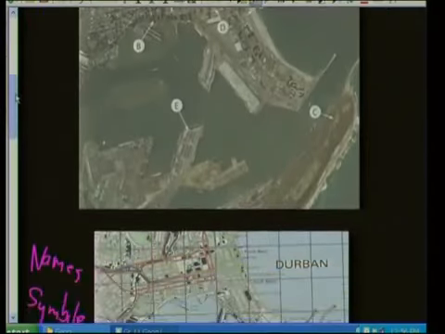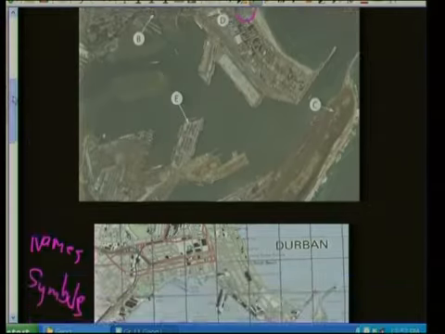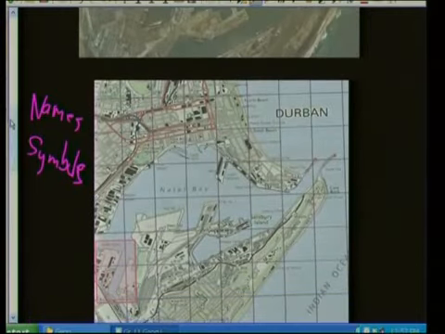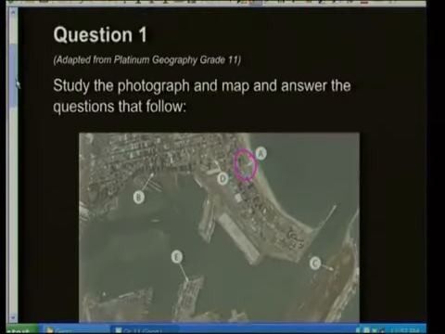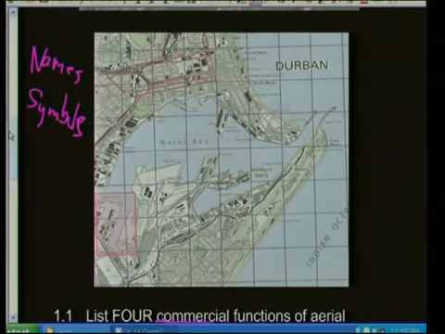When I look at A, on this, I see nothing. Okay, when I look at A down here, I see exactly the same spot if I orientated. Notice it's there. Notice it's here. I see Addington Hospital. All right?